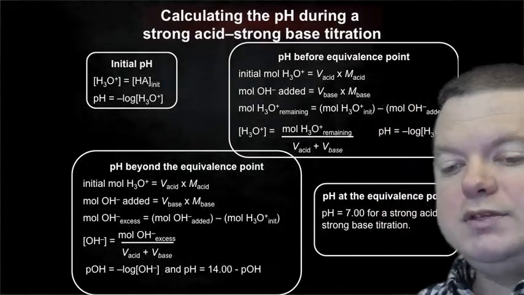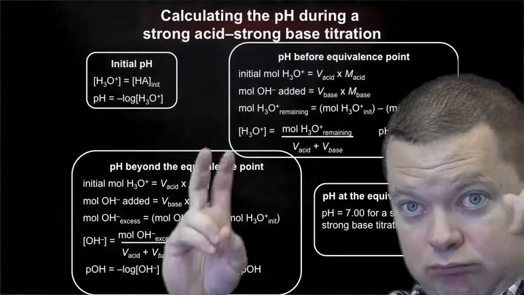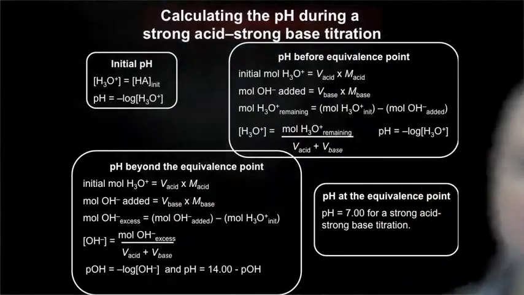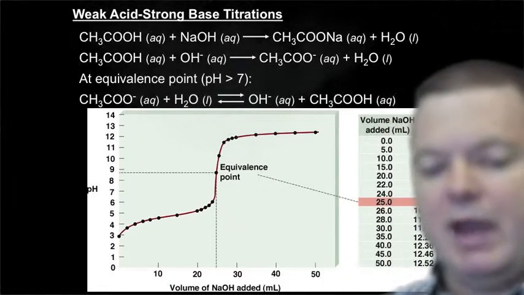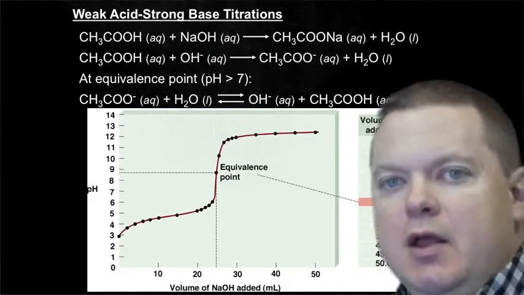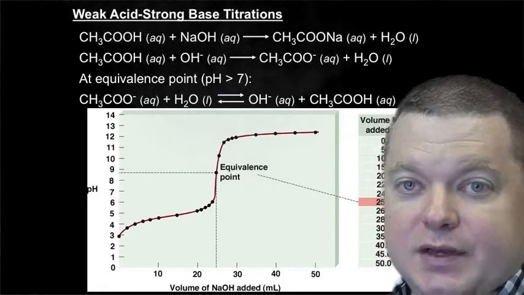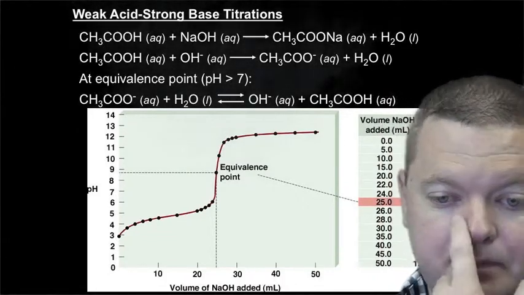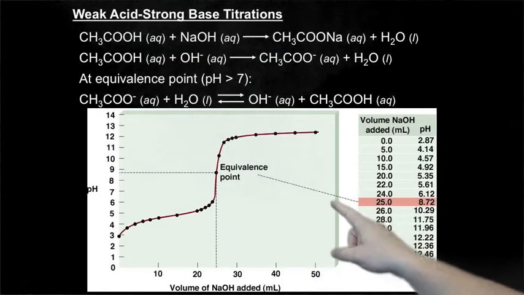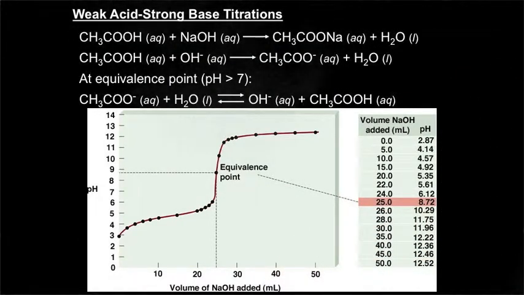The ones that are a little bit more interesting, if you want to call it that, would be if we take a weak acid and react it with a strong base. So if we look at here where we're taking the acetic acid and adding sodium hydroxide, if we follow this curve here, we see that the equivalence point is no longer going to be at pH 7.